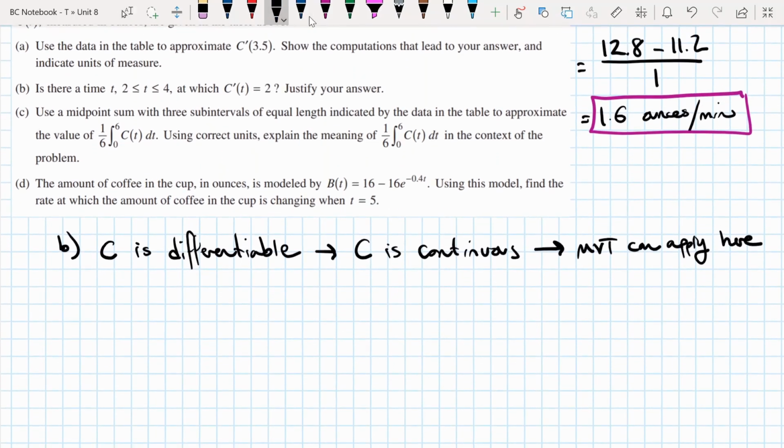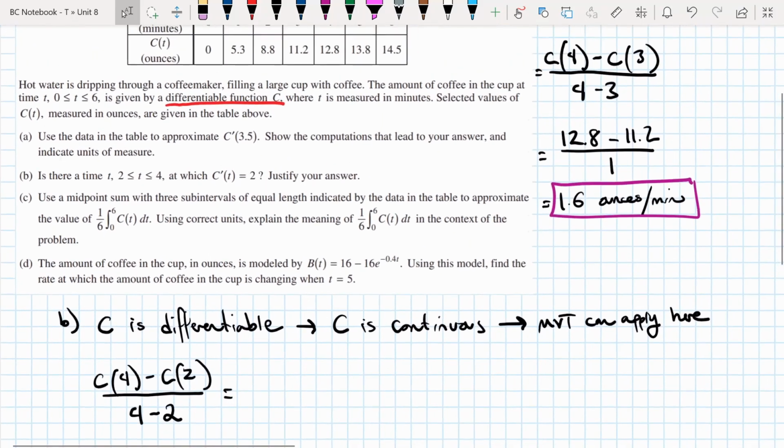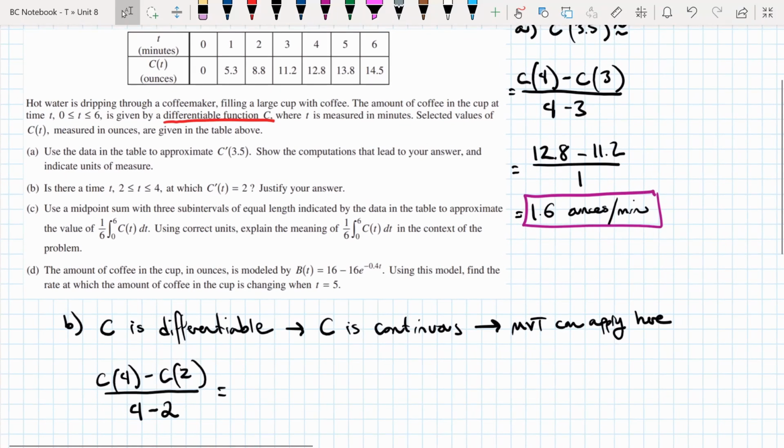So the average rate of change, or the slope between 4 and 2, is going to be, well, C of 4 is 12.8 minus C of 2, which is 8.8, over 2. Now we get 4 over 2, which is equal to 2.